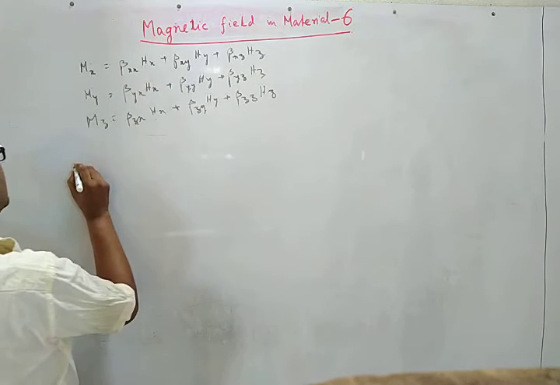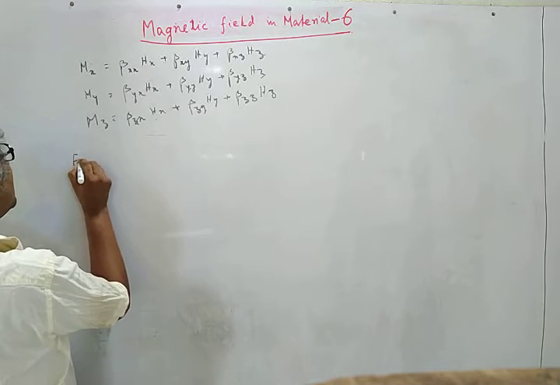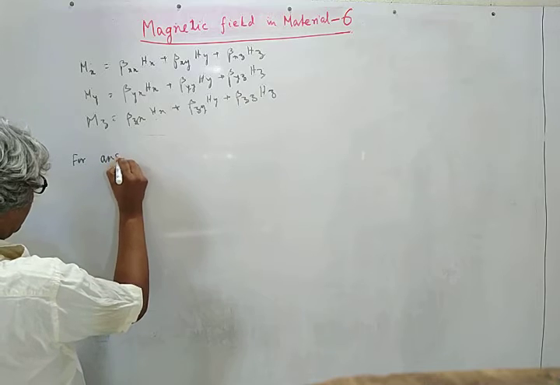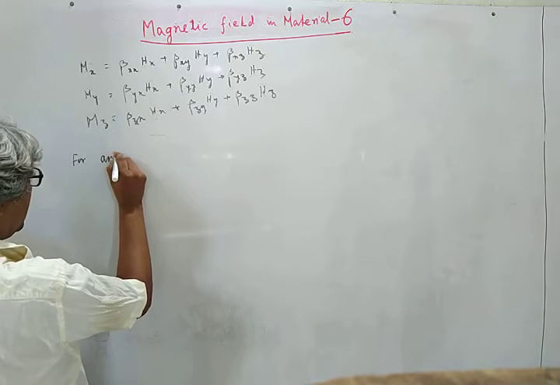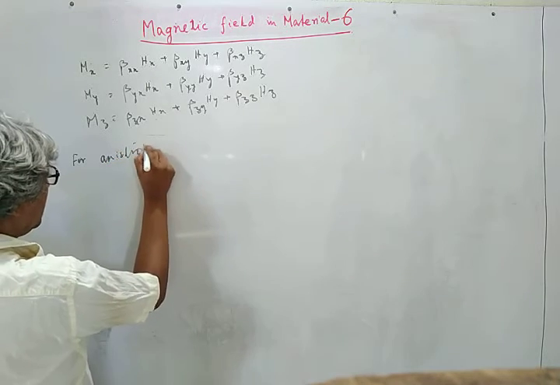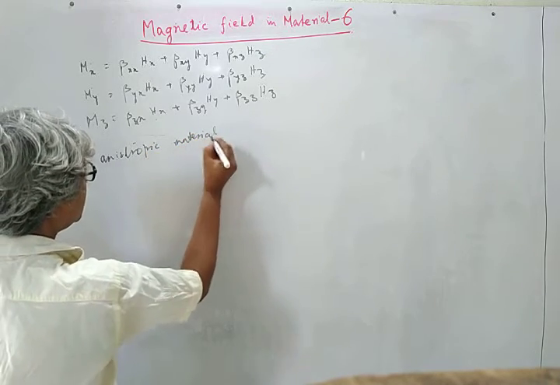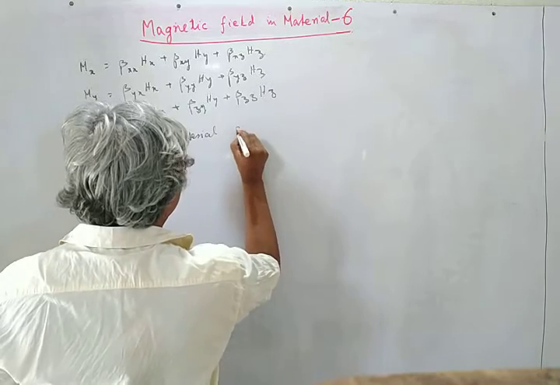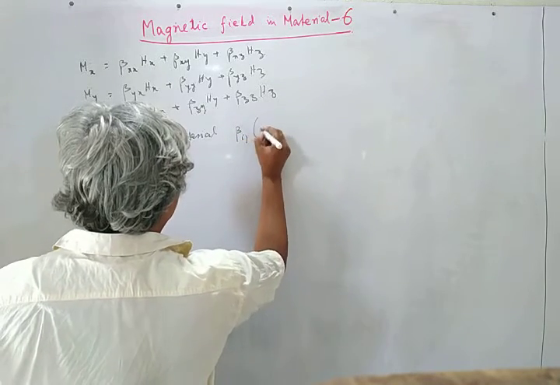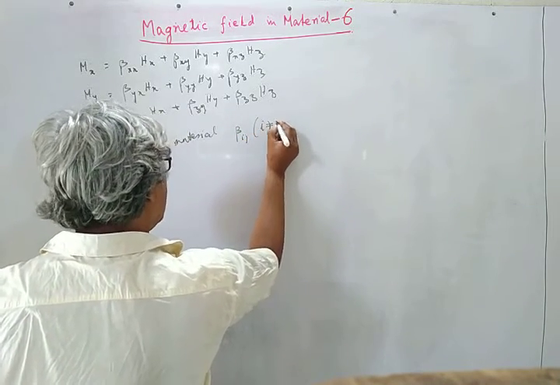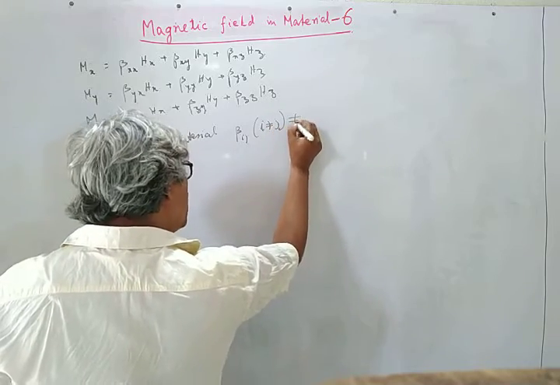So for anisotropic materials, beta_ij with i not equal to j are not zero.